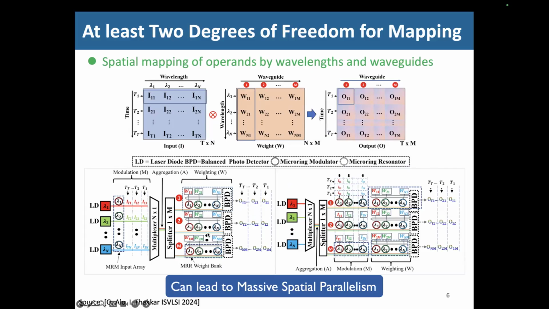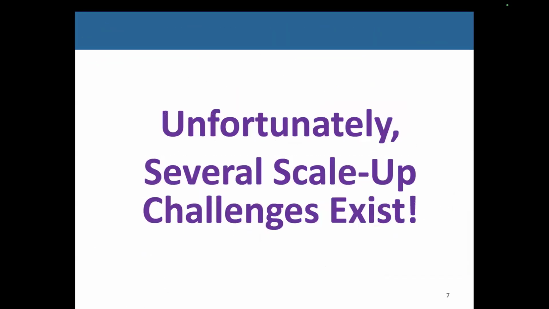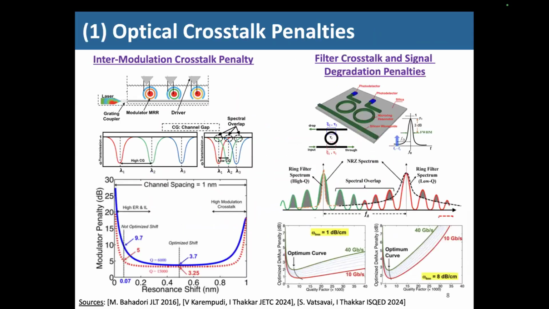So I'm talking about the n cross m size. Can we scale that? How scalable is that size? In other words, the number of waveguides and the number of wavelengths per waveguide in a tensor core, how can we scale that? There are challenges that exist in that regard.